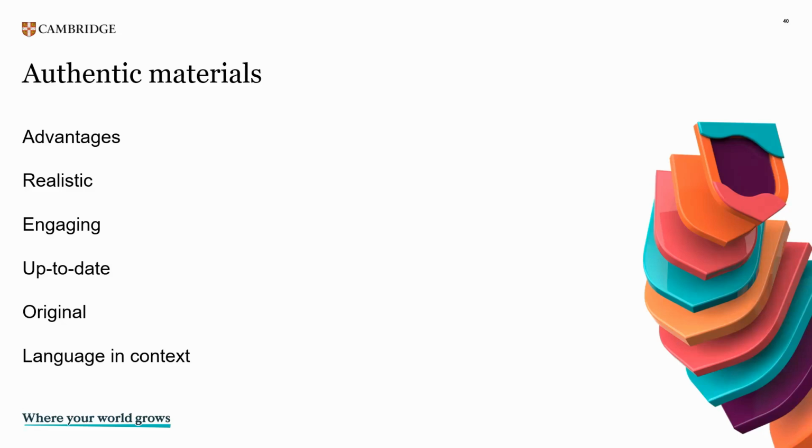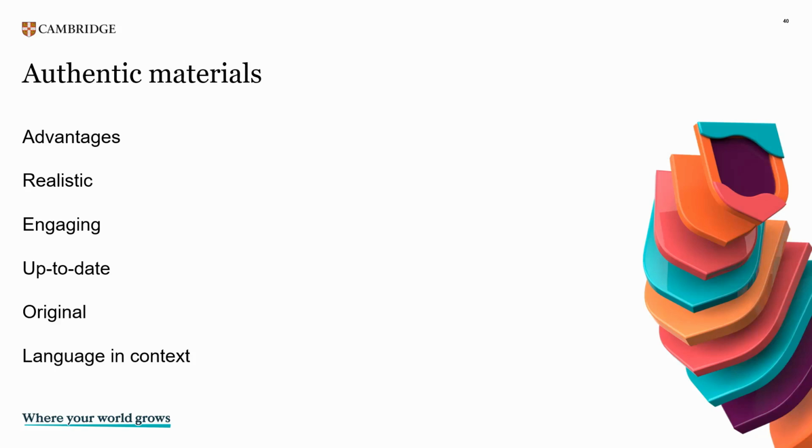But there is a certain amount of unpredictability in authentic listening. With an authentic reading, the teacher can adapt a little bit, but with authentic listening or authentic video, it's more difficult to doctor or to adjust, adapt or grade the language.